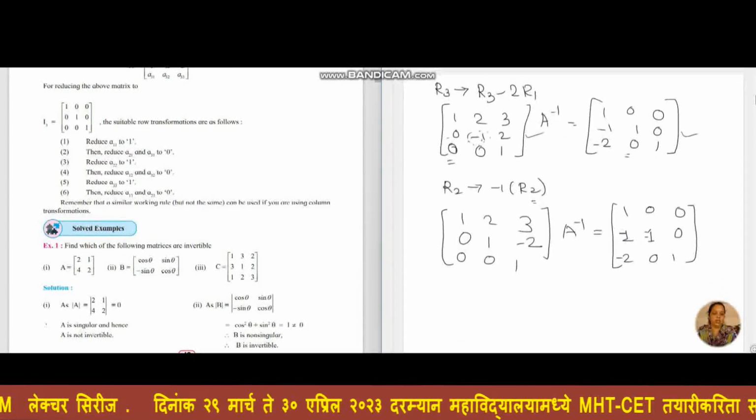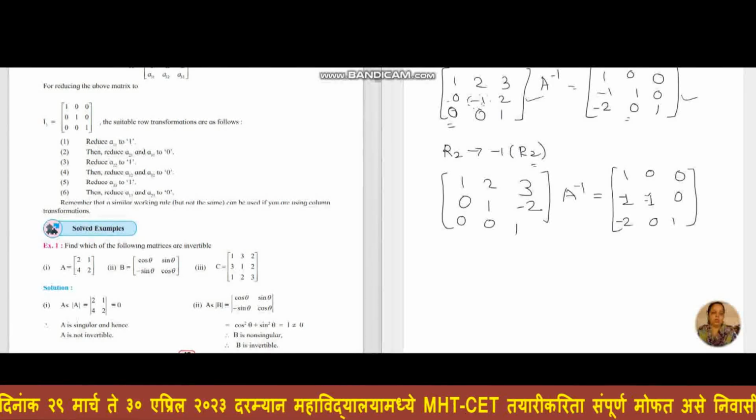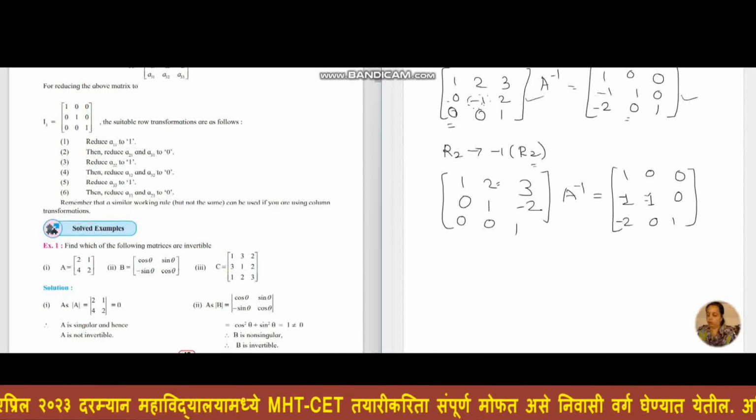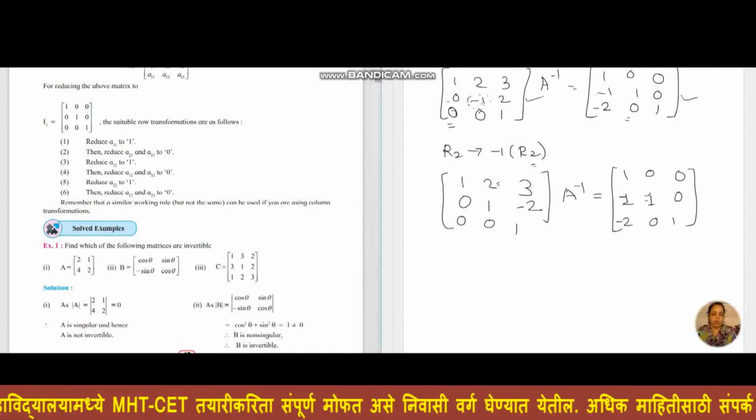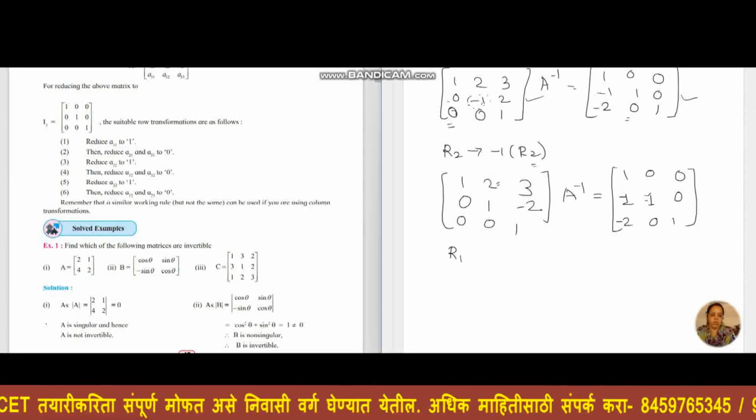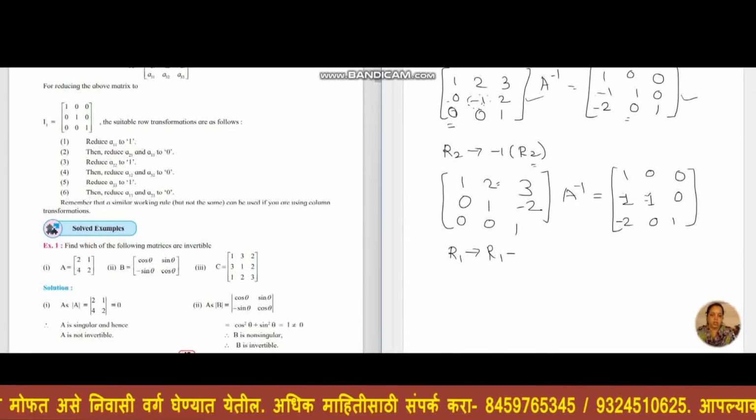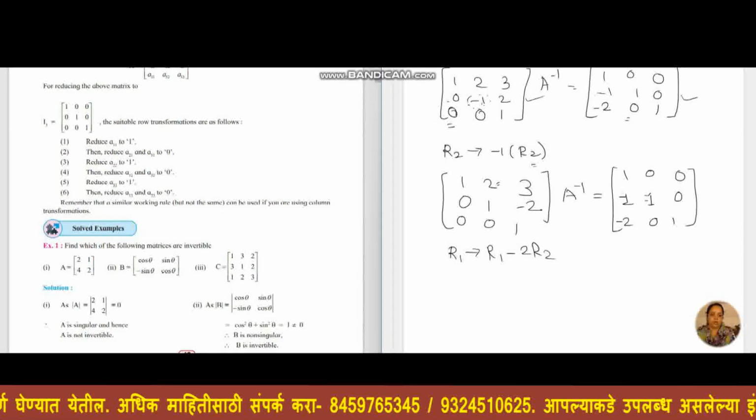Now our next aim is to convert these two to 0. So our next operation will be R1 changes to R1 minus 2R2.